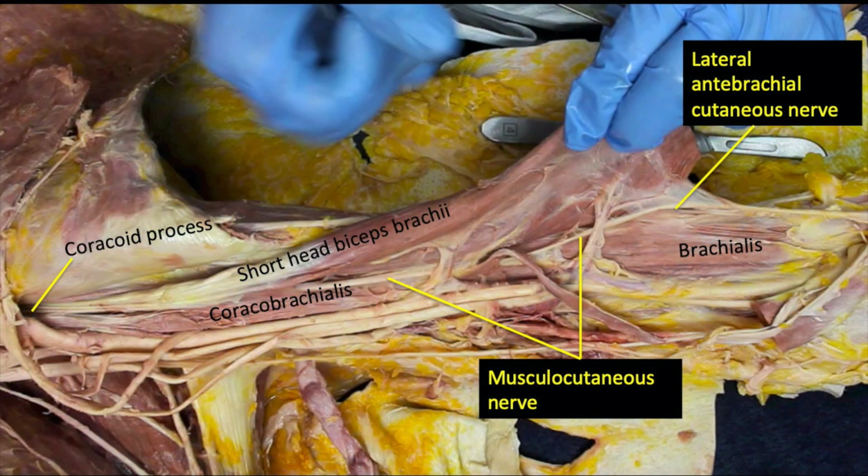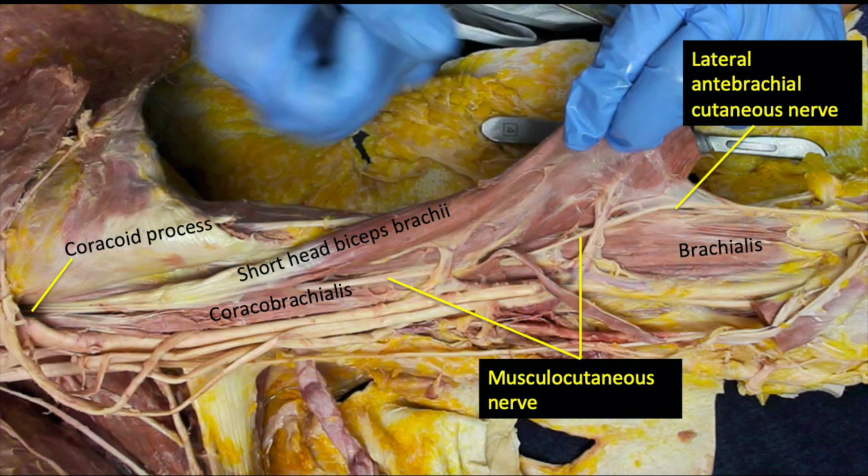The brachialis muscle, which is the primary flexor muscle of the elbow, lies deeply to the biceps brachii, and the coracobrachialis lies medial to the short head of the biceps brachii, having a similar origin to it on the coracoid process of the scapula. The musculocutaneous nerve, which innervates all three of the muscles we have just mentioned, pierces the coracobrachialis and runs between the biceps brachii and brachialis muscles.